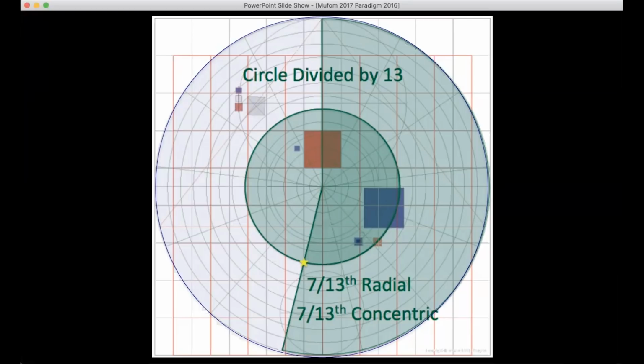And at 7/13 radially divided, in other words, if we divide that radius by 13 and draw a circle at 7/13 concentrically, going from the outside in, we'll locate it right on the intersection of the 7/13 radial and the 7/13 concentric. We'll see what happens here.